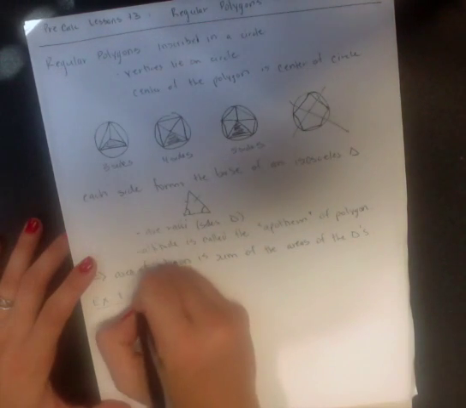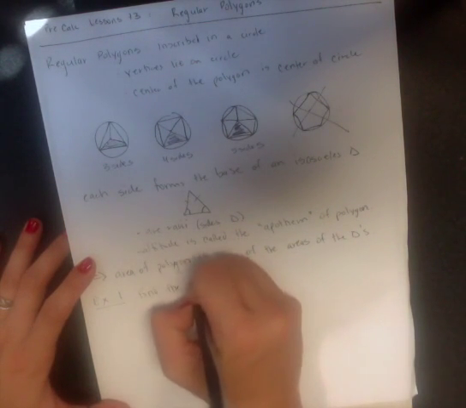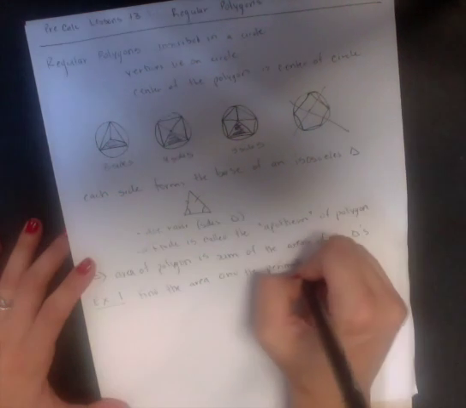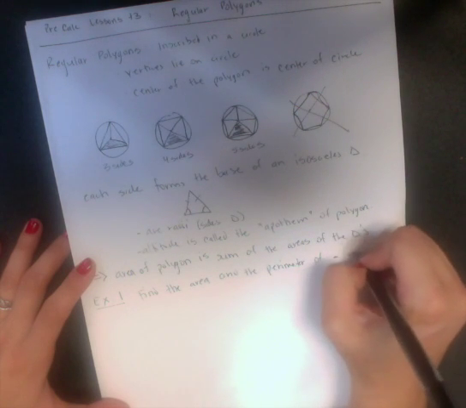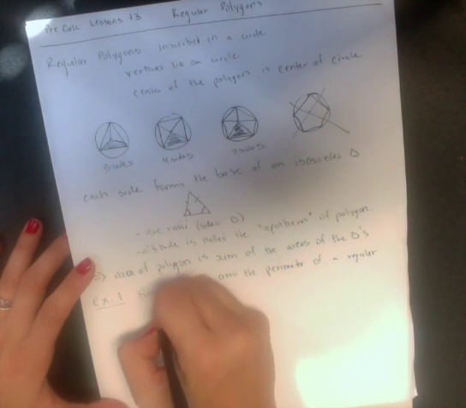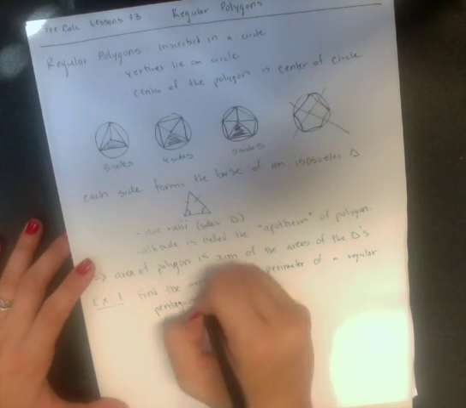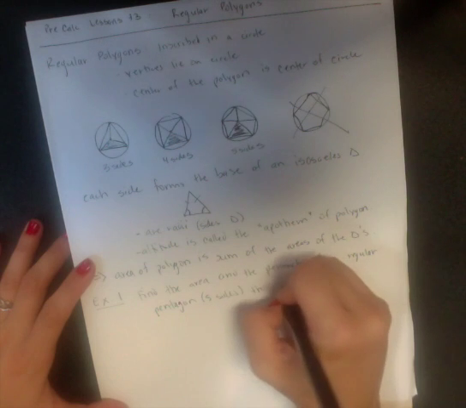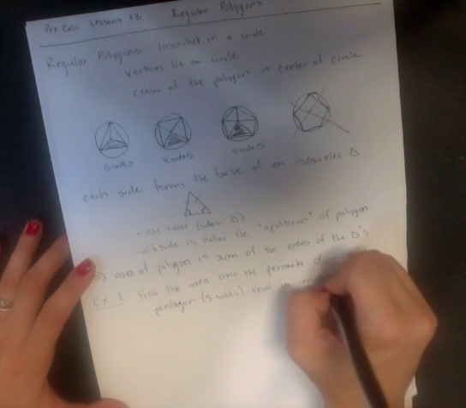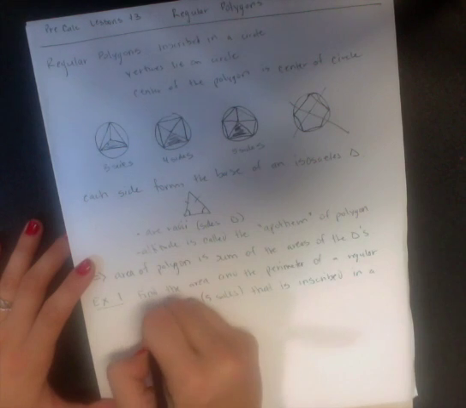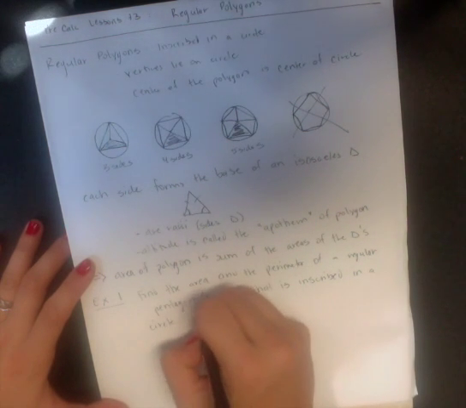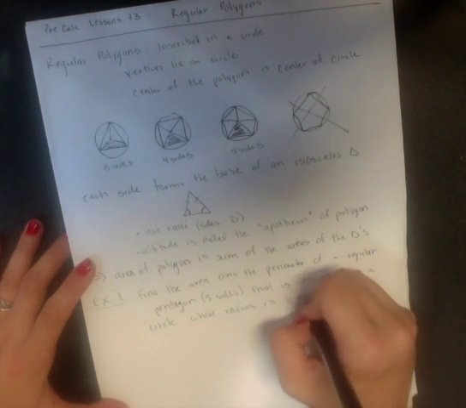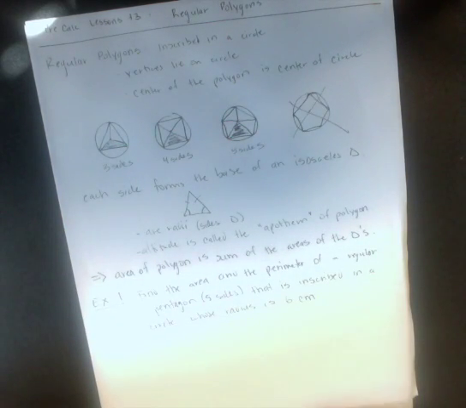Example 1. Find the area and the perimeter of a regular pentagon. Pentagon means it has 5 sides. That is inscribed in a circle whose radius is 6 centimeters.